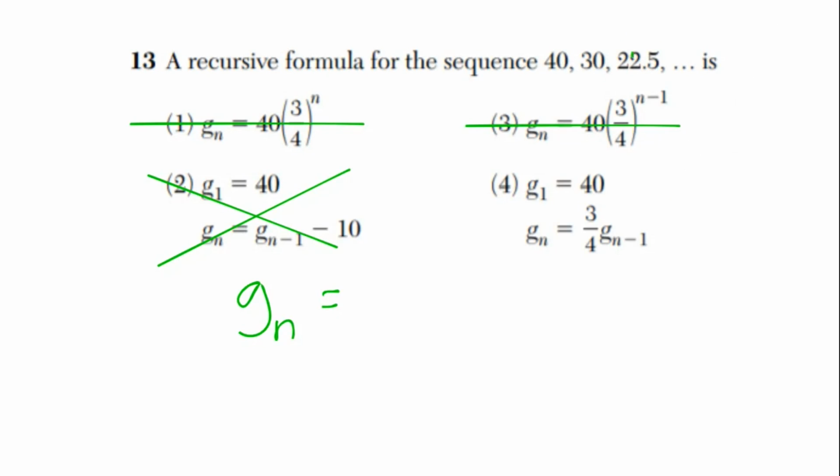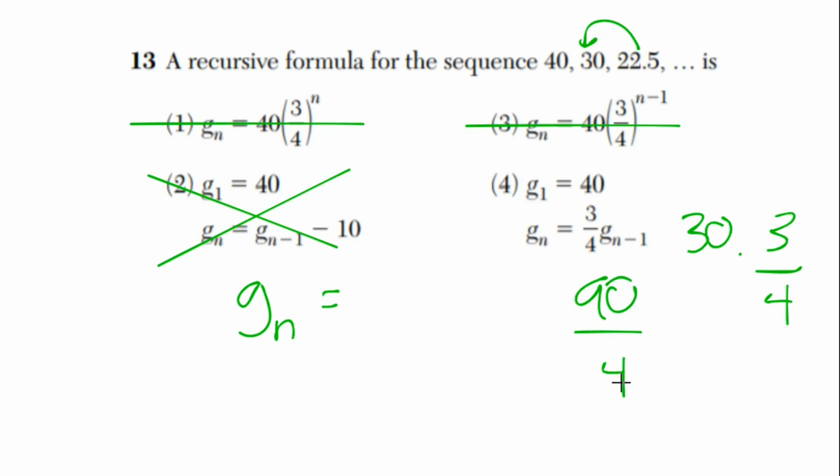Let's double check with this ugly looking decimal here. If it works, I take the previous term, 30, and multiply it by 3/4. This happens to be 90 divided by 4, and dividing by 4 is nice if you just divide by 2 twice. 90 divided by 4 is the same as 90 divided by 2, which is 45, divided by 2 again, which is 22.5.